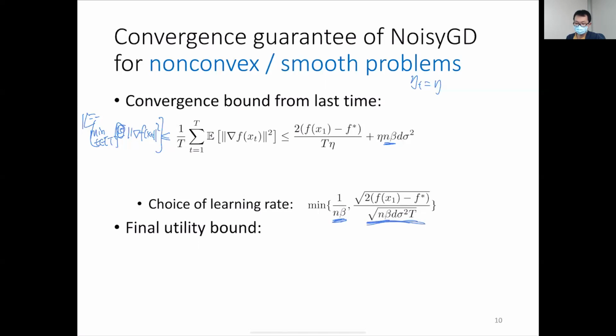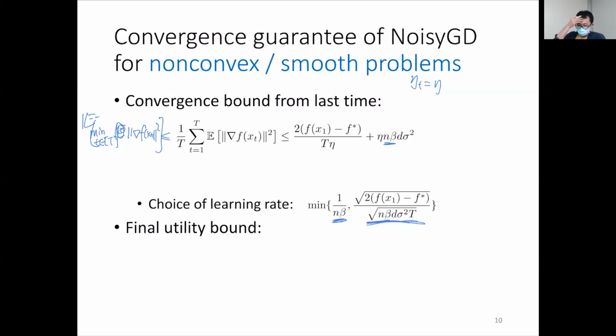So the second term is what we get if we just minimize this over this eta parameter globally, but sometimes we cannot do that, and we'll end up getting this 1 over n beta, right? So you cannot use a larger learning rate than 1 over n beta.